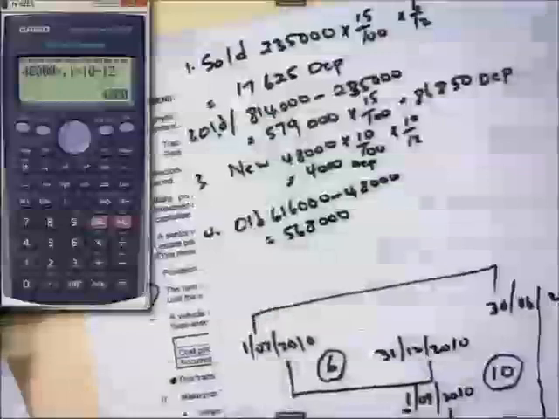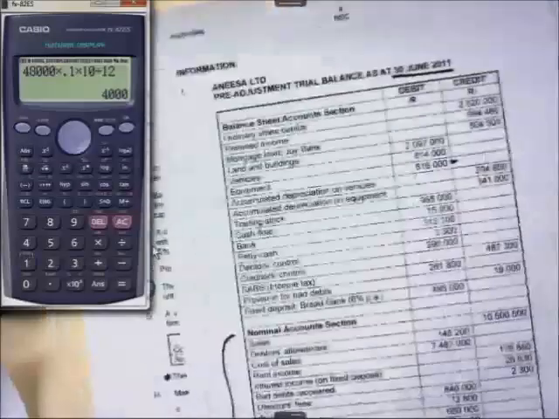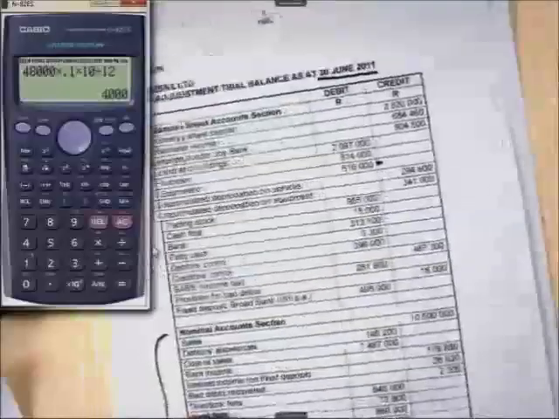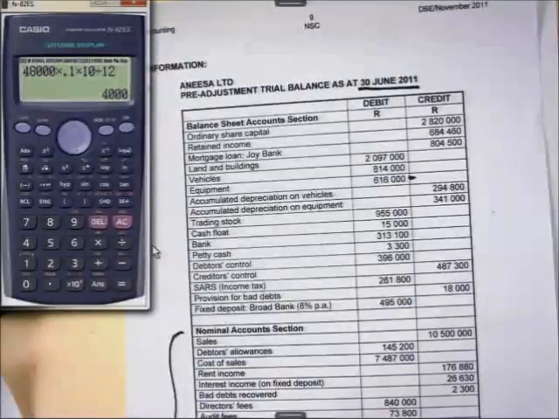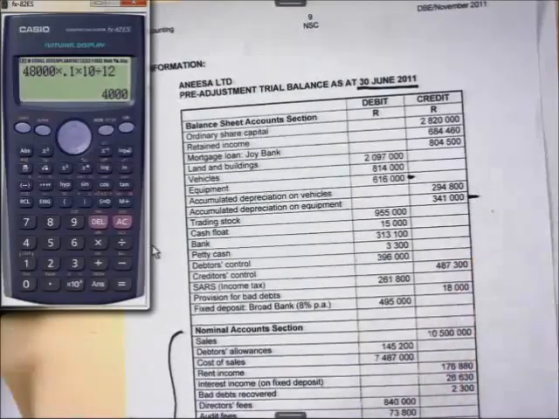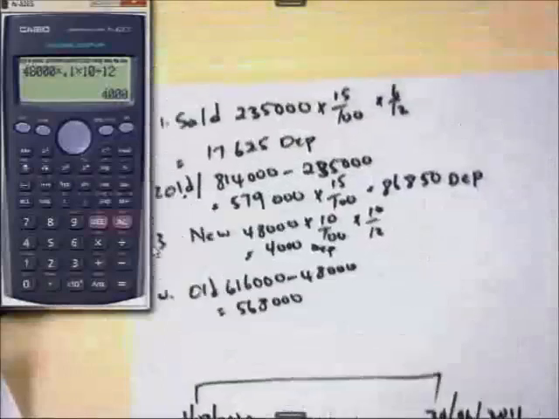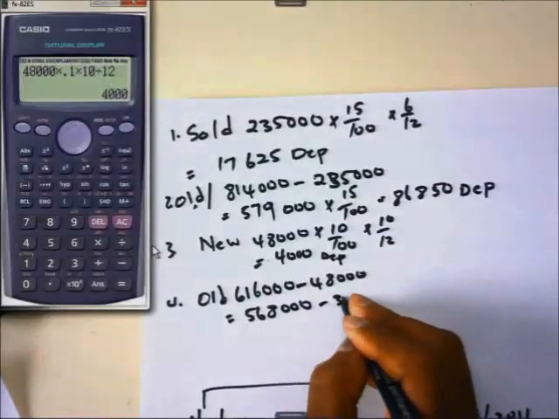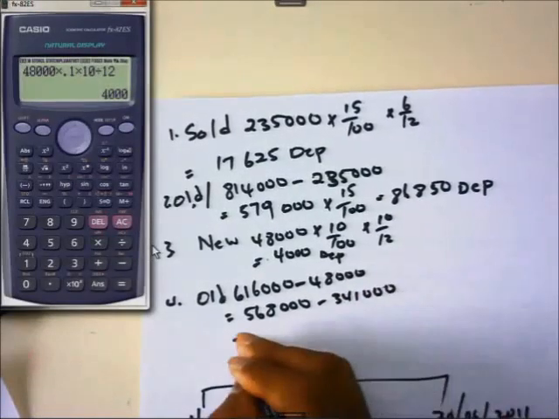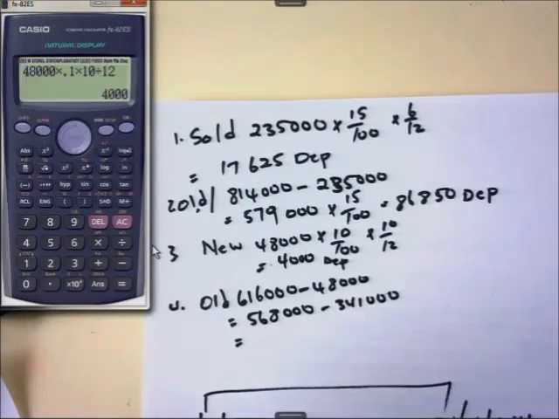But if you refer back to the adjustment, it says depreciation on equipment at 10% per annum on diminishing balance method. With the diminishing balance method, it means cost price minus accumulated depreciation. We must check the diminishing balance method. We also need the accumulated depreciation. If you refer back to it, it's 341. So we say 568,000 minus 341,000.